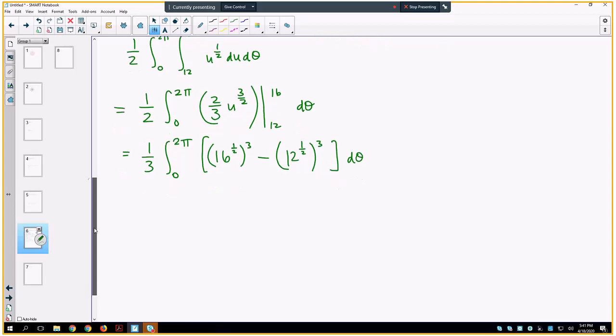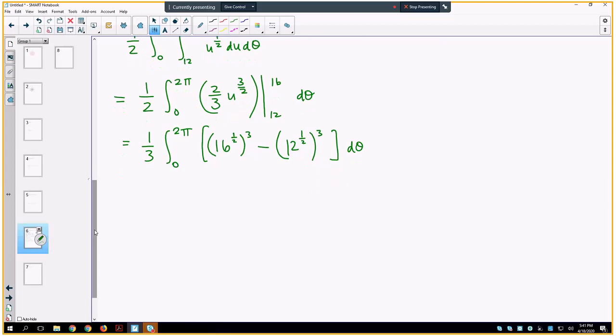Now 16 has a nice square root 4, and 4 cubed is 64. But 12 is not so nice, but I know I can think of 12 as 3 times 4. So square root of 12 is square root of 3 times 4.